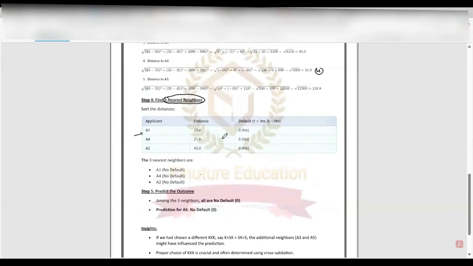Had my k been 4 or 5, I would go further. But in this case, I have taken k as 3. So I will do ascending ordering till the third data point. And because in the training data set for these data points there was no default, I will conclude that for the new prediction that I have, the new loan application I have, there would be no default.